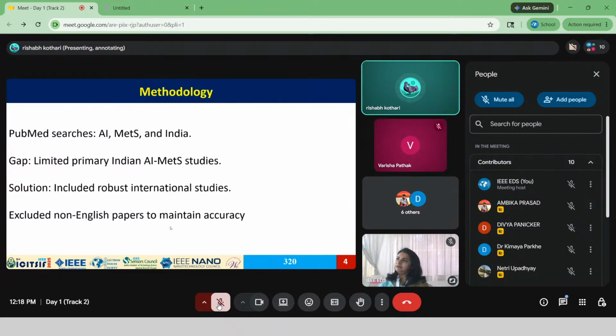To understand this intersection, we conducted a targeted PubMed review. Because indigenous Indian studies applying AI to metabolic syndrome are currently limited, we expanded our scope to include high-quality, robust international studies to establish a baseline of what these technologies can achieve.